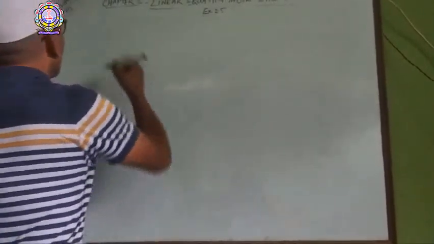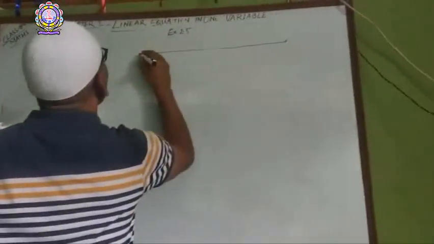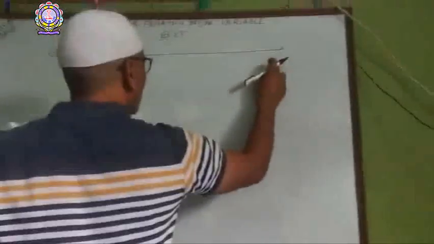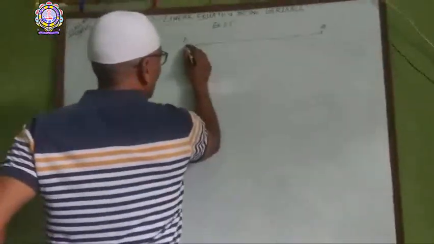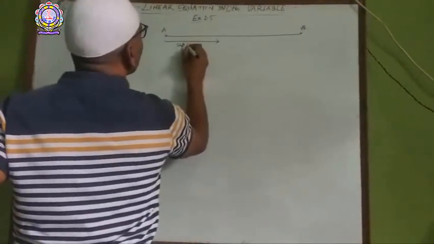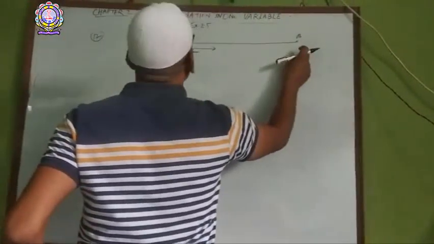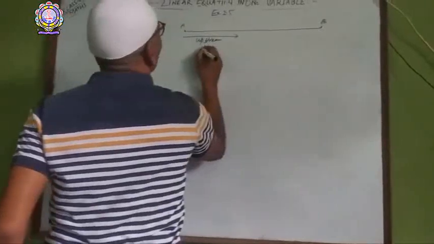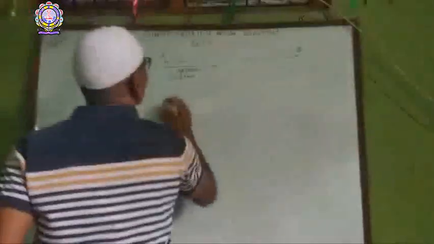Okay. Question number 12. Suppose these are the 2 points on a river, A and B. A steamer goes upstream from A to B and takes 5 hours.